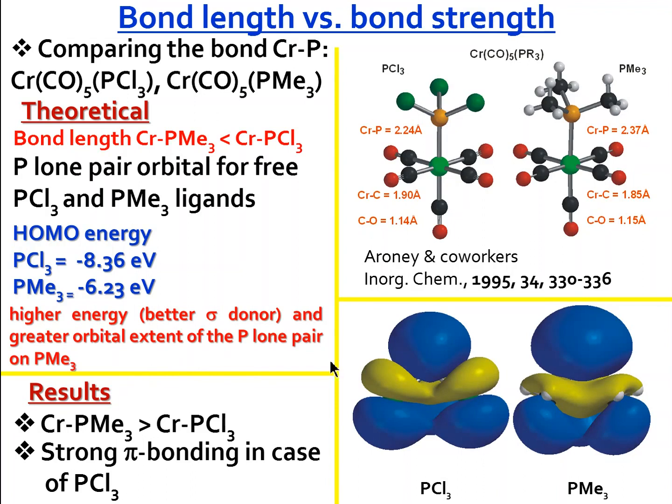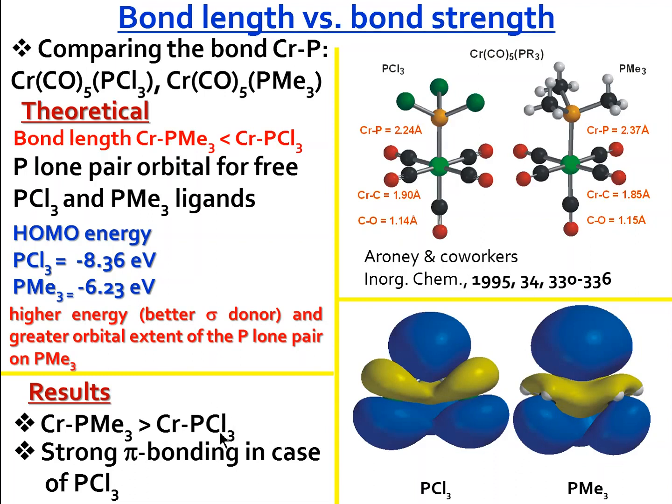But the experimental results of Aroney and co-workers in 1995 proved the inverse. The Cr-PMe3 bond distance is greater than Cr-PCl3. They explained this by the strong pi bonding in case of PCl3.